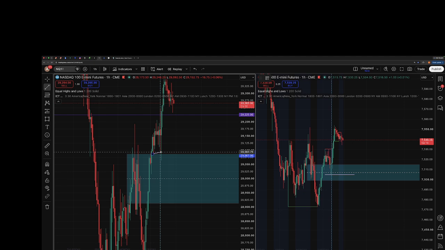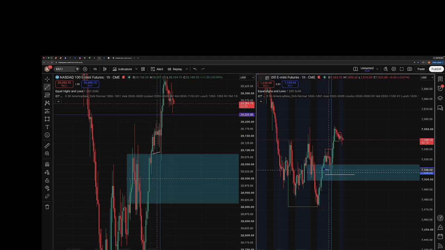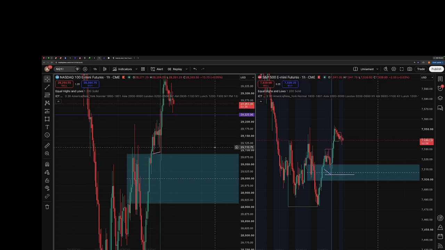So do we really have to go lower to get the 4 hour gap? No, we could manipulate higher and distribute lower. So we had this bullish S&T.